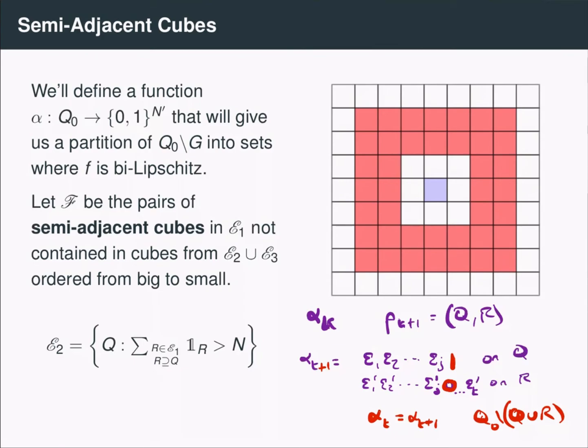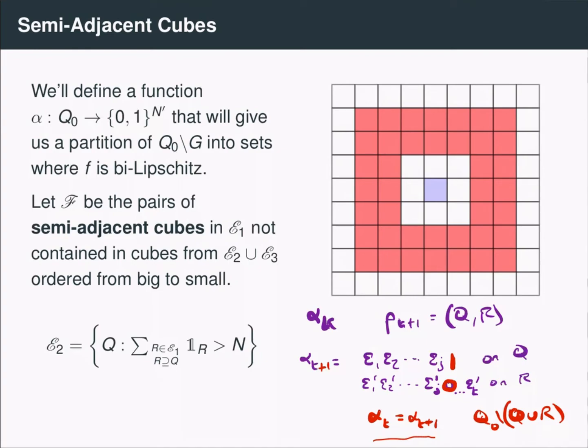And then we leave the other sequence unchanged. And then again, we define alpha k plus 1 to equal alpha k on the remainder of the cubes. And if it was instead the sequence of zeros and ones on Q that was longer than the sequence on R, then we would just reverse the roles and pick the next number in the sequence for R so that the sequence would be different from Q.